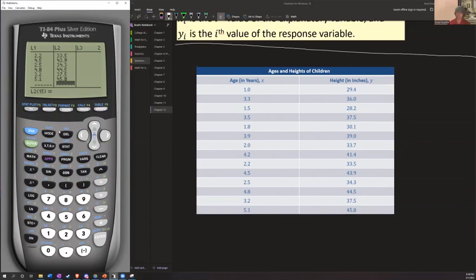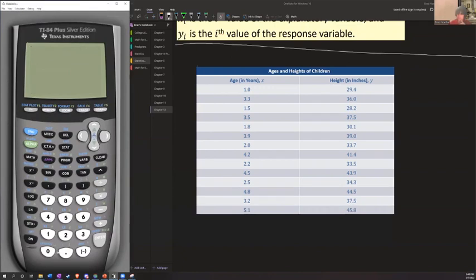So all I've done is fill these out. Now you need to press second, catalog, and go all the way down to diagnostic on.